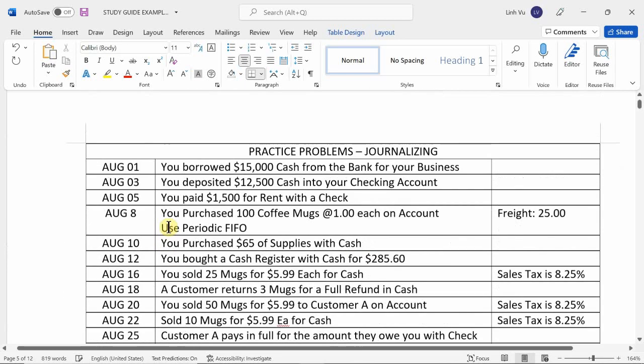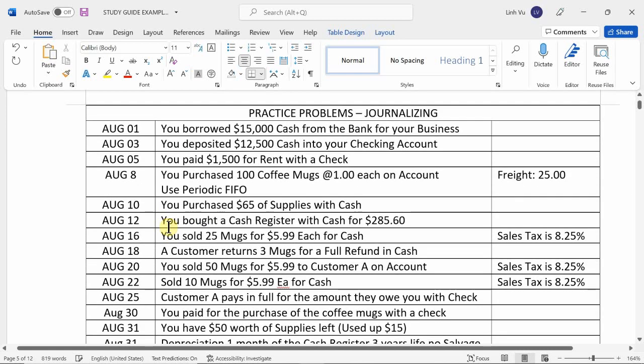So let's see what happened next. Next we have on August 12th is you end up buying a cash register with cash for $285.60. So that must include tax, okay?